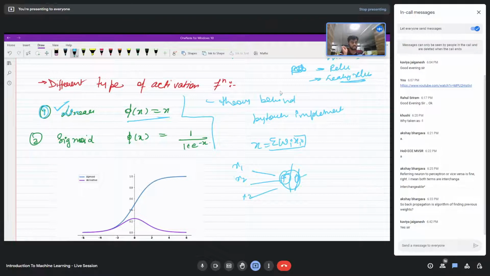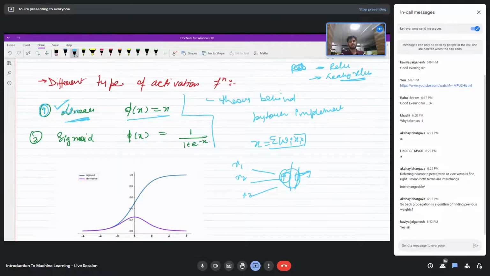First is linear: whatever sum you got, you just pass it on. This is useful in regression tasks, when you don't want a lot of non-linearity or model complexity in your network.